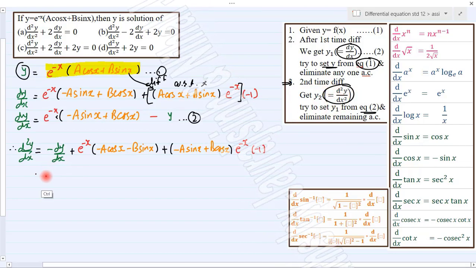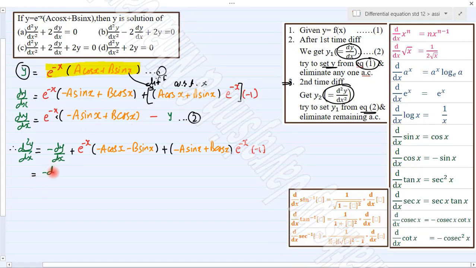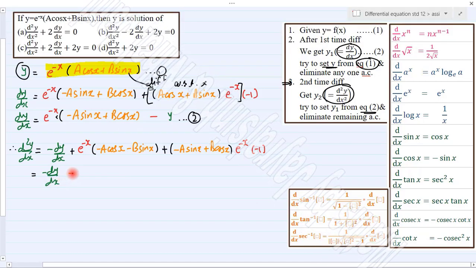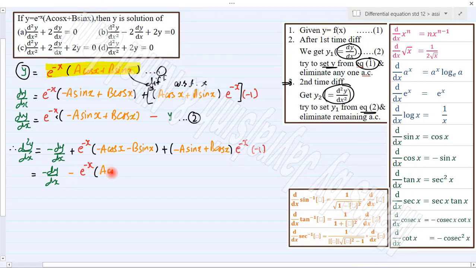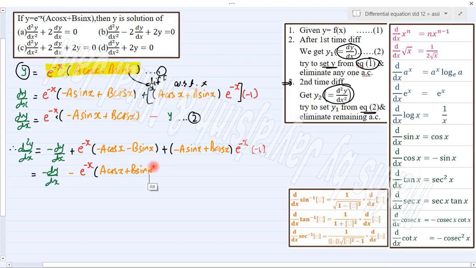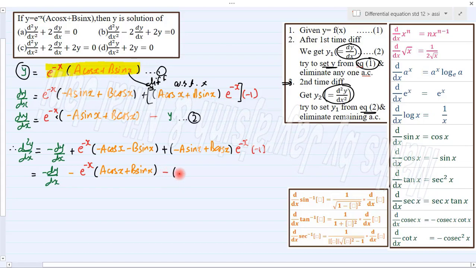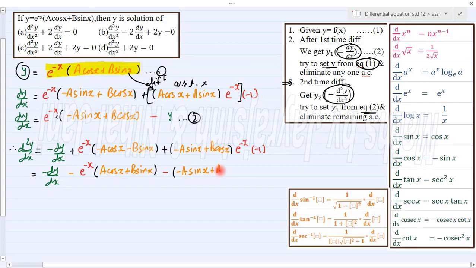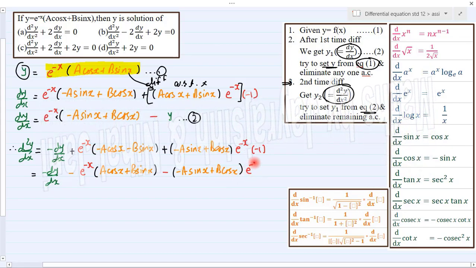Now, before we go further, let's simplify. Minus dy by dx will be as it is. We can take minus common from the second term, and we will get e raised to minus x, a cos x plus b sin x. And your last term will be minus of minus a sin x plus b cos x into e raised to minus x.